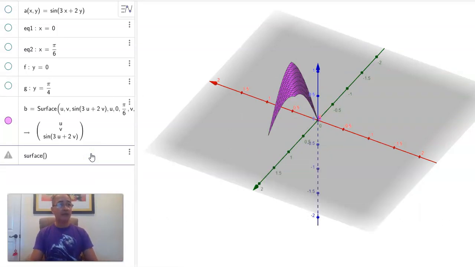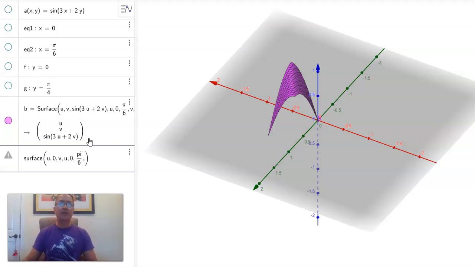I will follow what GeoGebra did and just use U and V. One wall will be where y is always 0, and then z will be v, because we're making a rectangle. x is going to go from 0 to pi over 6.